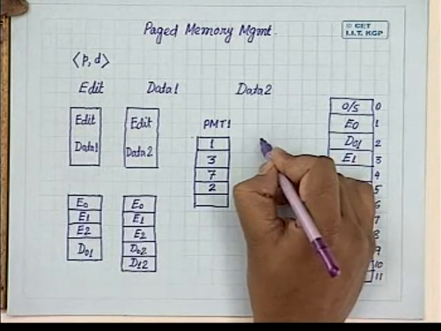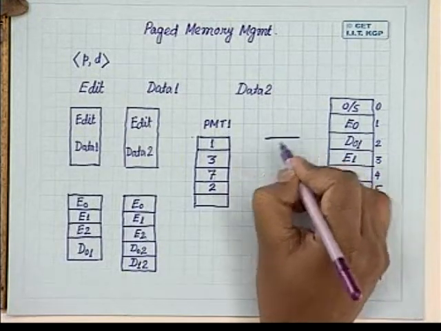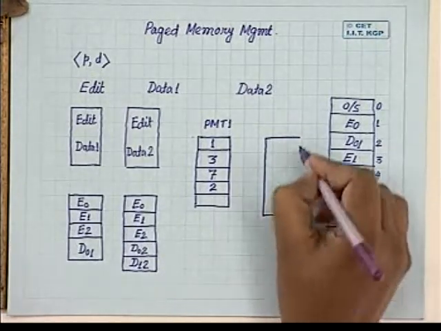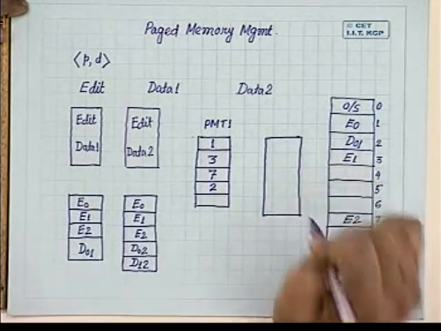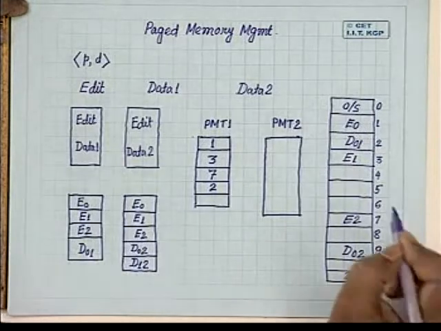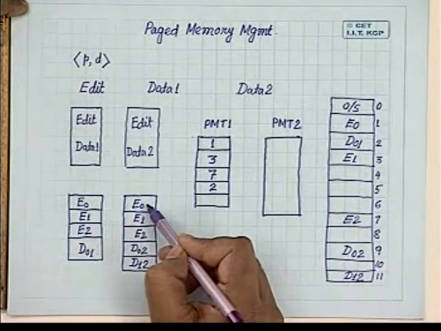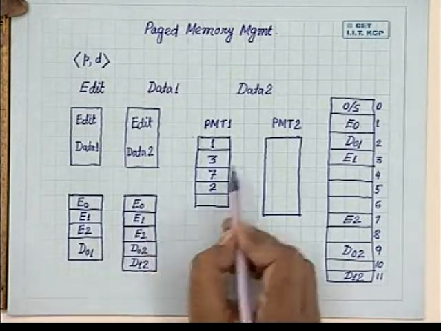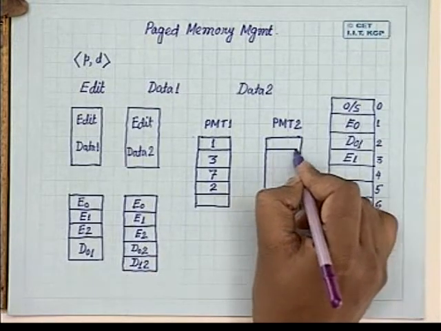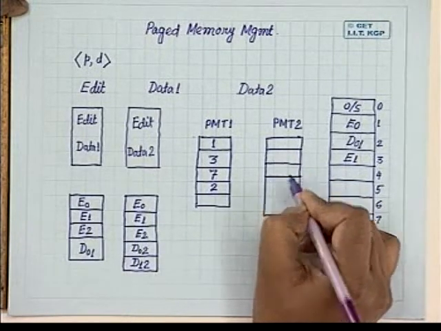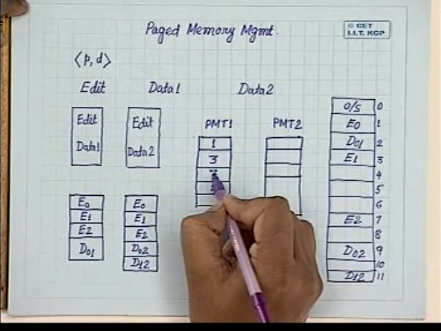Similarly, I can also construct the page map table for user program 2. So this is PMT2. And here, because the first three pages are shared, okay, so content of the first 3 entries in PMT2 will be same as the first 3 entries in PMT1.